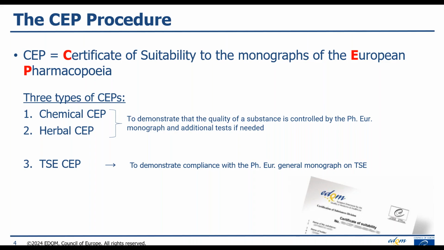For the chemical and herbal CEPs, the purpose is to demonstrate that the quality of the substance is adequately controlled by the European Pharmacopoeia and any additional tests if needed. And for the TSE CEP, this is to demonstrate compliance with the general monograph on TSE in the European Pharmacopoeia.